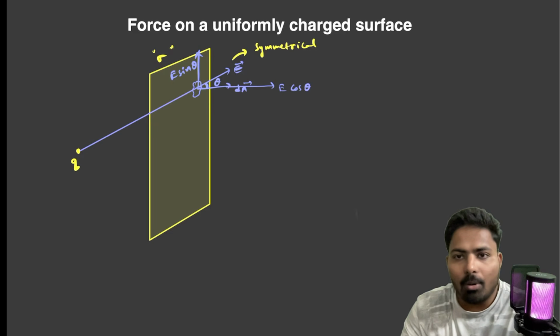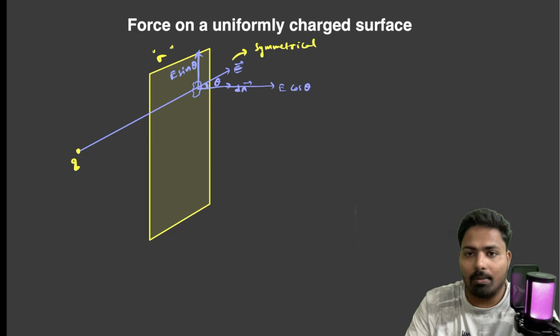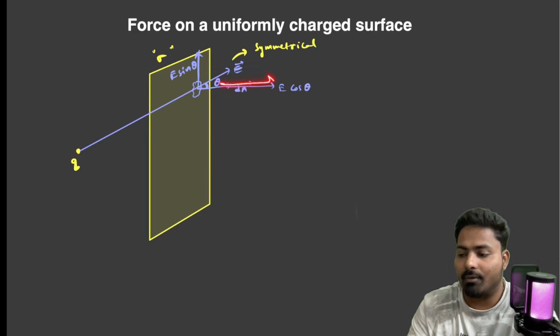But the most important thing is this e sin theta component. The force due to this e sin theta component will be cancelled due to the counterpart present over here, right? So if you want to find the net force due to this point charge on the surface, it is more than enough just to calculate the force that is perpendicular to the surface, right?